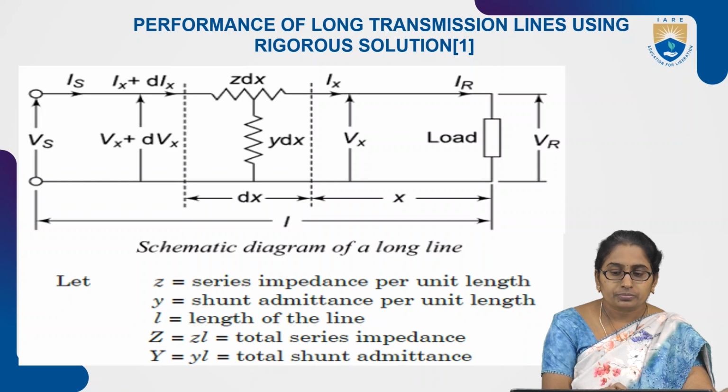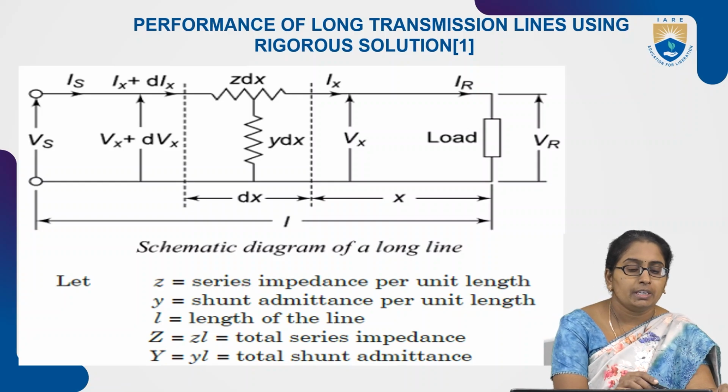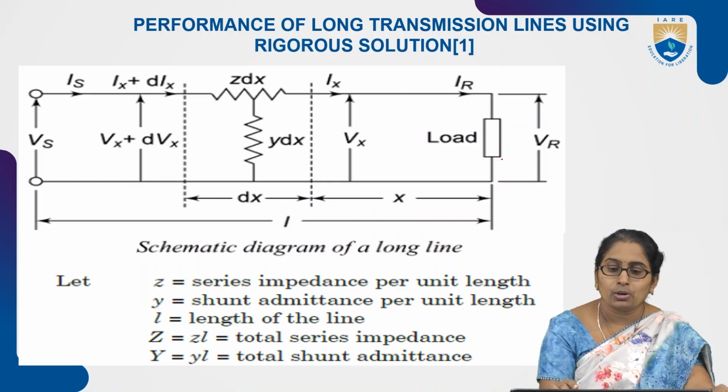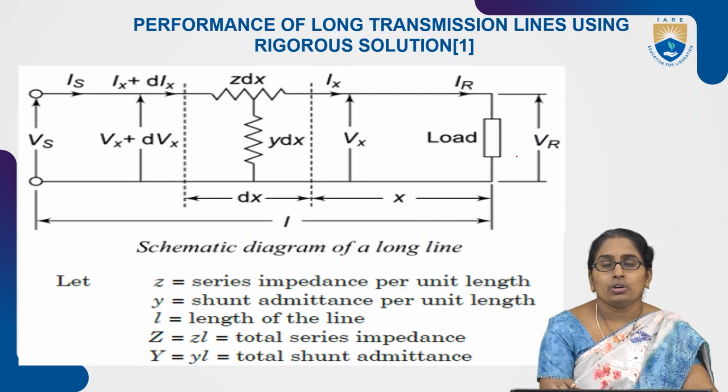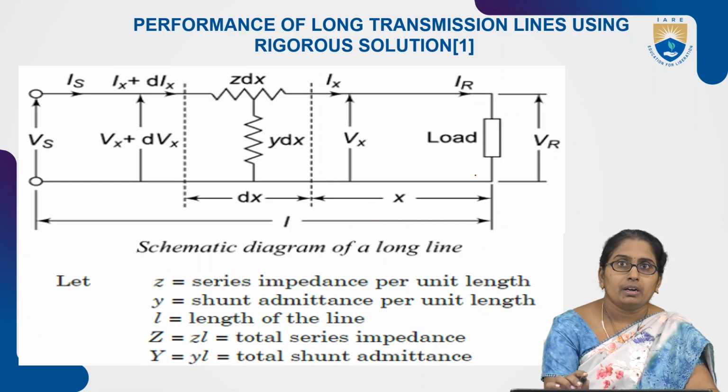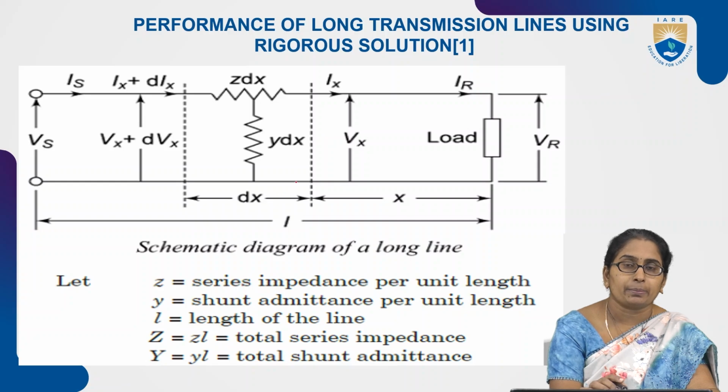Here the line is shown with the sending end voltage and sending end current, Vs and Is, and at the receiving side, where the load is connected, the receiving end voltage, that is the load voltage, Vr, and its corresponding current, Ir. Let us see the other parameters shown in the diagram.